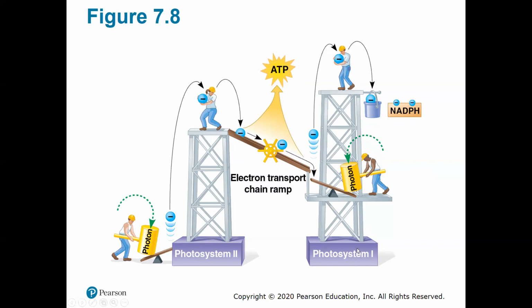Then it will get to photosystem 1, where this process will repeat itself, where energy from sunlight, from a photon, is going to cause that electron to be excited again, send it to a higher state, where it's then going to be passed to the energy carrying molecule NADPH.